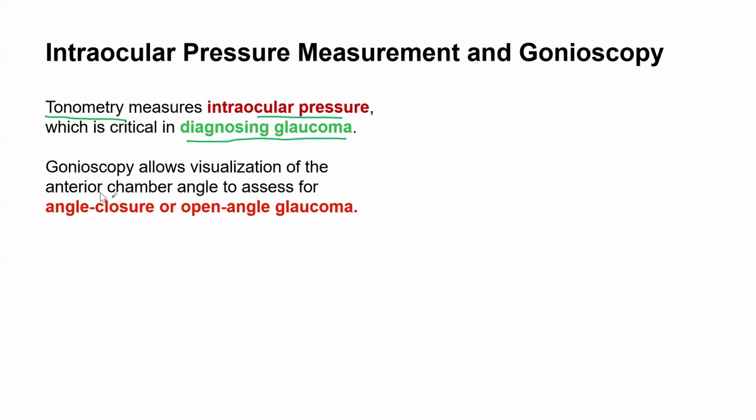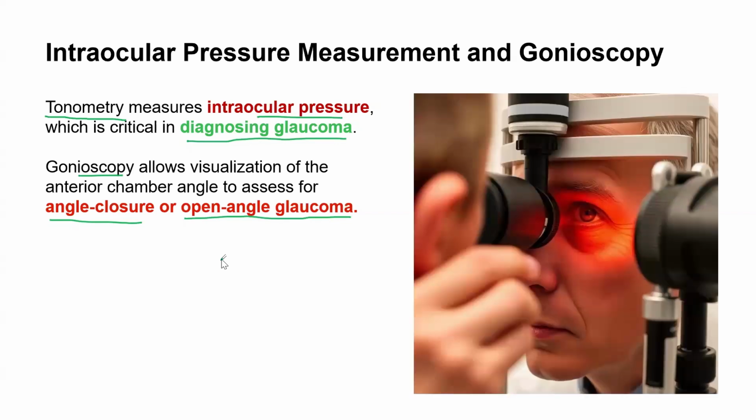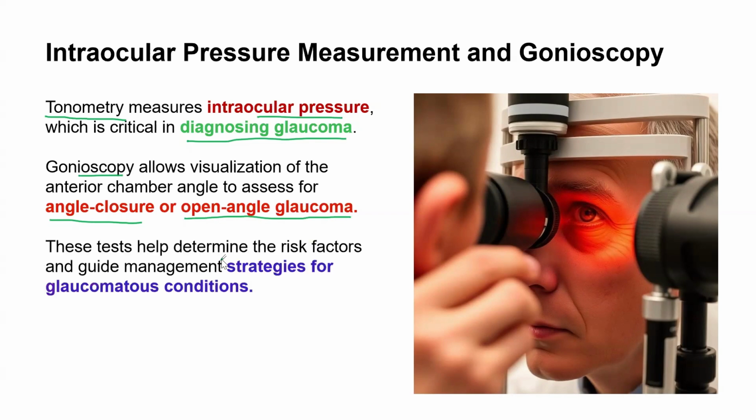So we can use gonioscopy to assess the angle closure or open angle glaucoma. So this is of course a typical gonioscopy measure. It's usually used to measure the angle closure or open angle glaucoma.